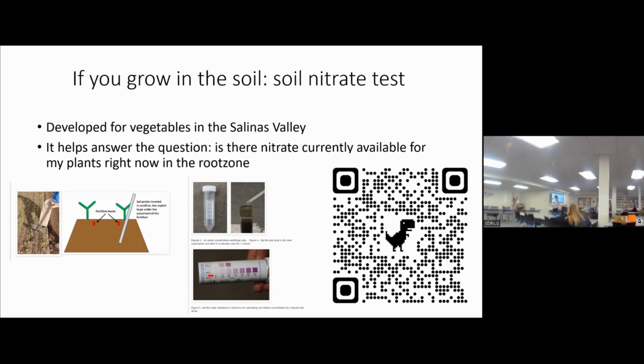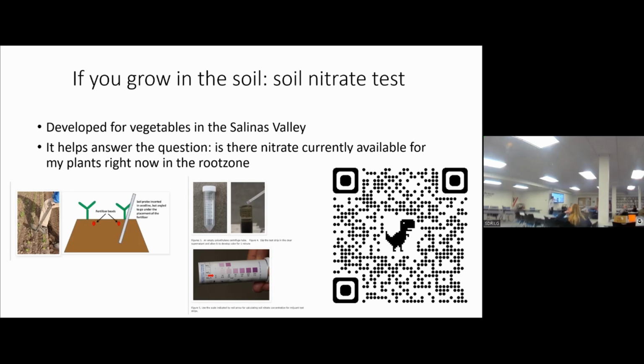You keep walking around, and now you have this bucket full of samples, and then you mix everything together, and you can use this procedure that was originally made for vegetables to ask yourself the question, how much concentration of nitrate do I have, and where? Am I over-irrigating? Am I pushing all my fertilizer deeper than my roots can reach it? Is it there where I want it to be? Is there enough? Is it not enough?